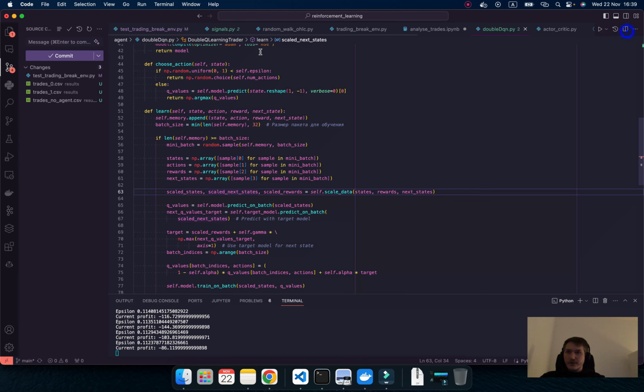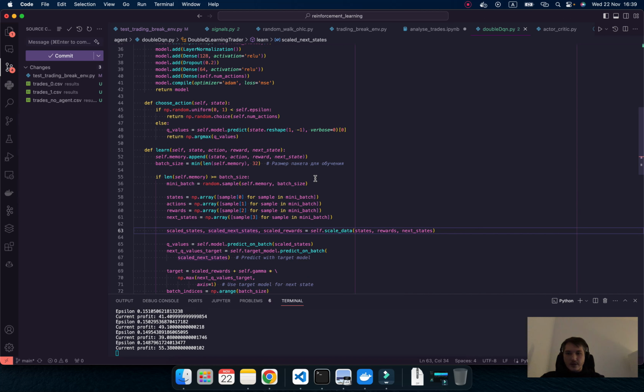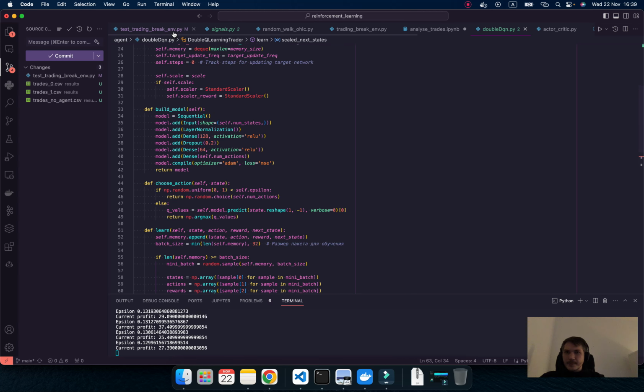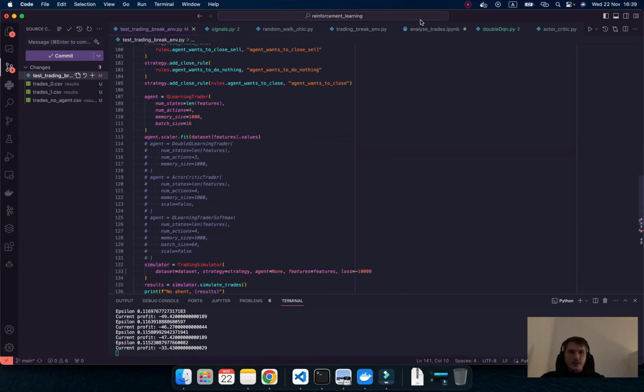For example, I think in these cases we have a stop loss because we have $100. We stop trading if our balance decreases to less than $100. Okay, very small trades.